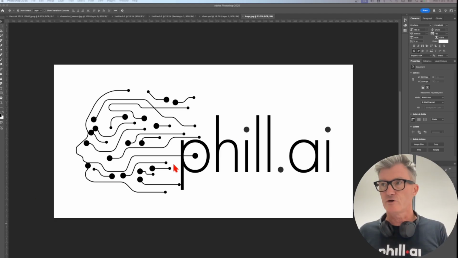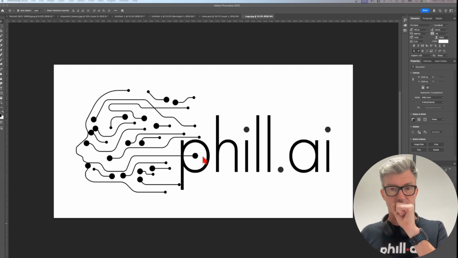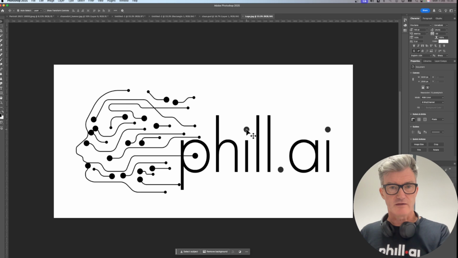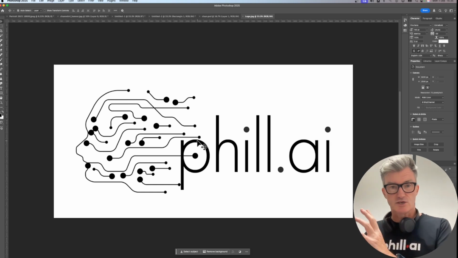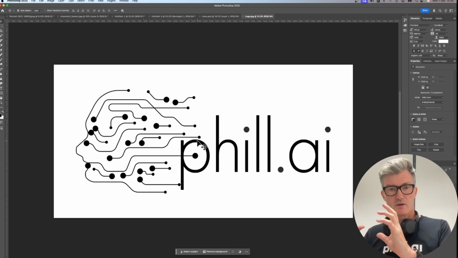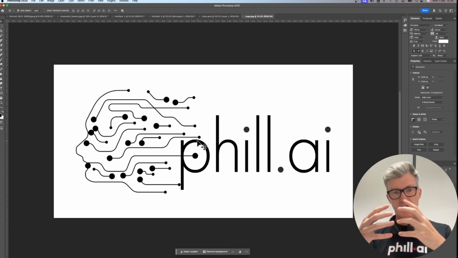This is the old logo. I can't remember how I worked this out. What I loved about this, first of all, was all the dots, because it was Phil AI. The dot there I changed to make it the same as that, because that was different, and that, and that. And it was basically human going into AI and the connection between the two.